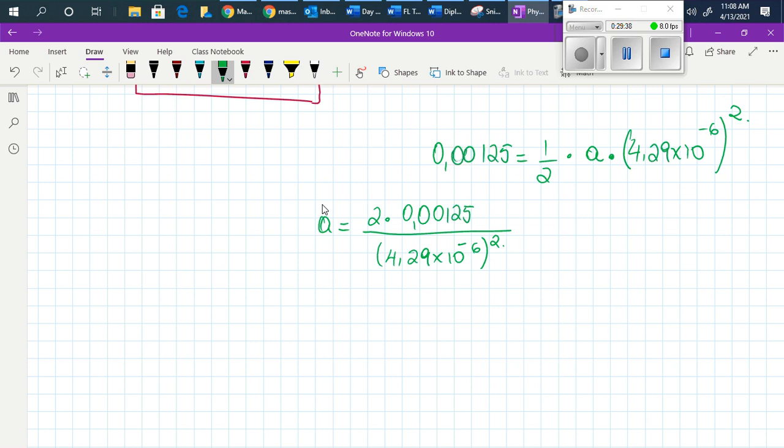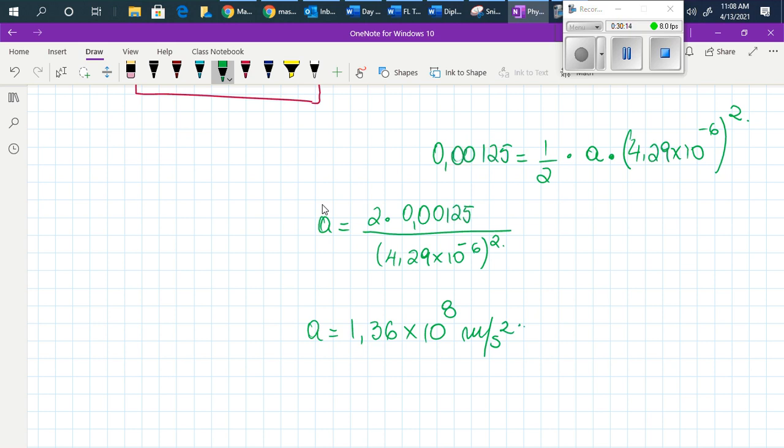So acceleration will be 1.36 times 10 to the power of 8 meters per second squared.